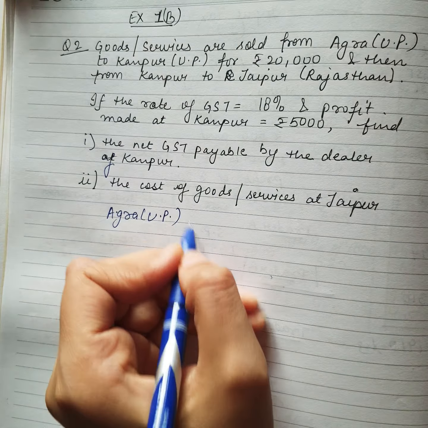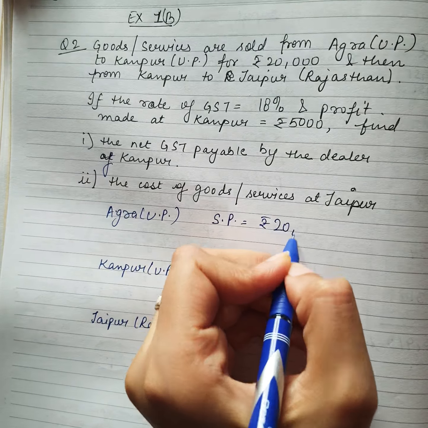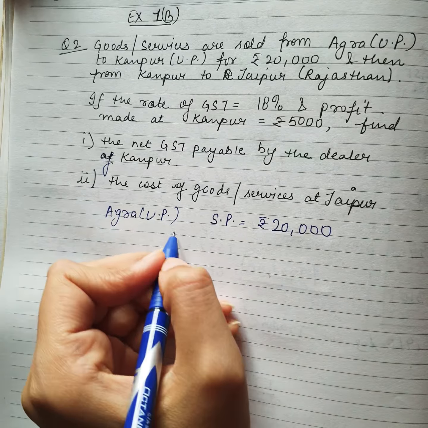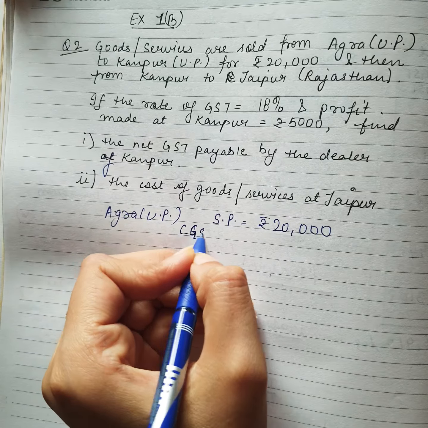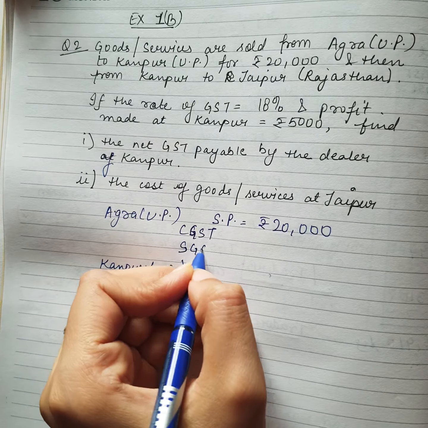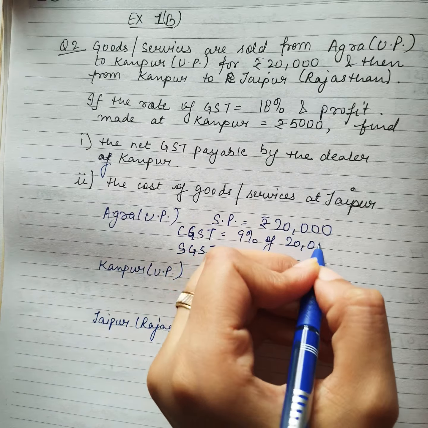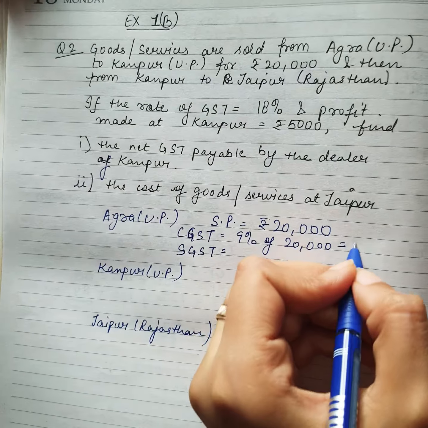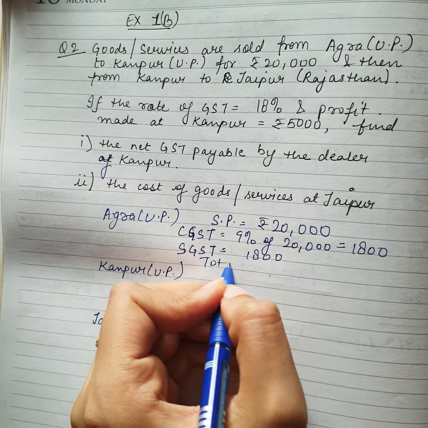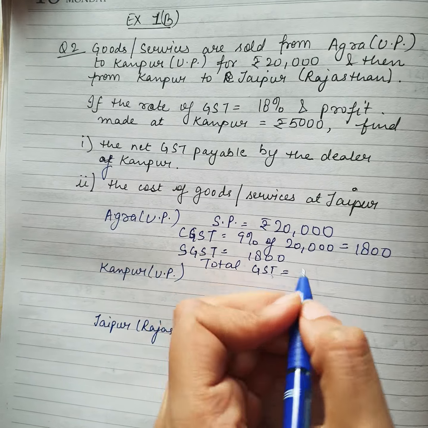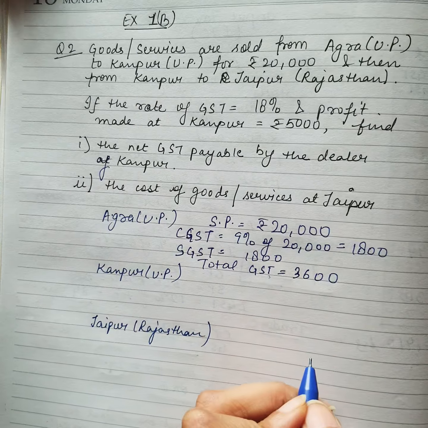Alright, so at Agra the selling price of the product is 20,000, and because it is an intrastate transaction, CGST and SGST will be applicable. Both are 9% of 20,000, which is 1,800, and same here. So the total GST will be CGST plus SGST, 3,600 rupees.